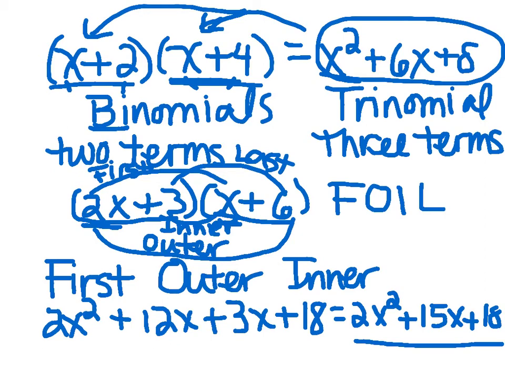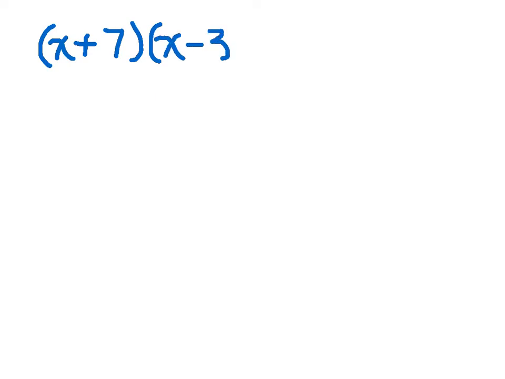So you may be asking yourselves, what about doing anything mentally? Well, as I put in the very first slide, you're doing it mentally or not. Each one of you needs to know whether it makes sense for you to do these mentally or not. Let's take a look at that. Let's say x plus 7 times x minus 3.